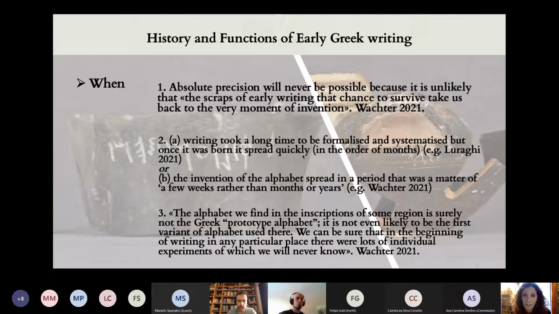As I said, it's very likely, and I'm quoting Vesta here because his point of view is very interesting, that what we miss are very diverse and numerous different experiments on the alphabet in the first stages that we will never know, because maybe they were on perishable material and were just the first experiments to try to adapt the Phoenician alphabet.